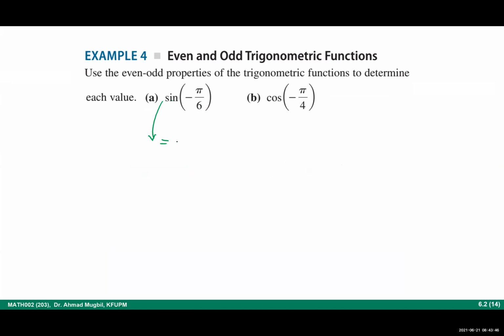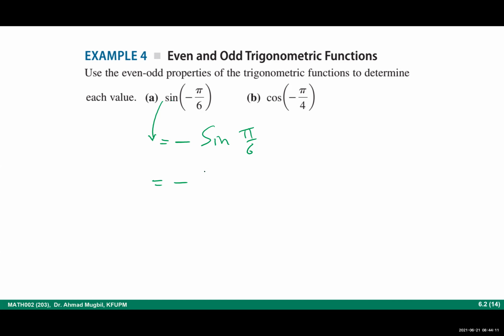Odd. So sine negative pi over 6 equals negative sine pi over 6. What is sine pi over 6? Ya Ammar al-Harbi. Ammar, are you here, ya Ammar? Ammar is not responding.